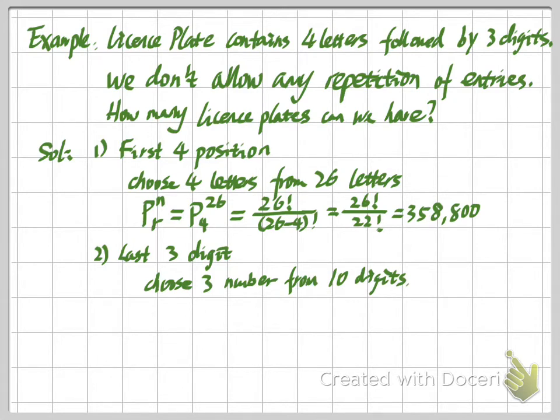It's still about choosing a subset from different objects, and we want to find how many ordered arrangements we will have. So we choose 3 objects from a total of 10, and this is 10 factorial divided by 10 minus 3 factorial. Again, you can use your calculator to find the answer. The answer is 720.